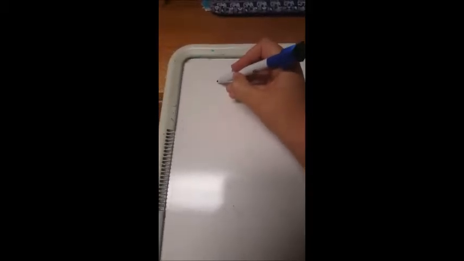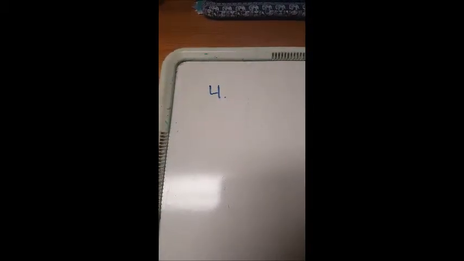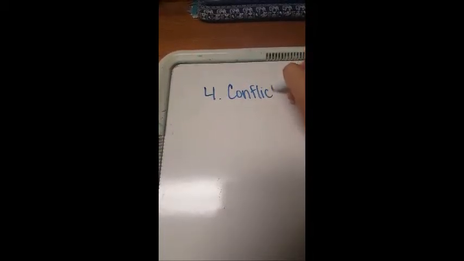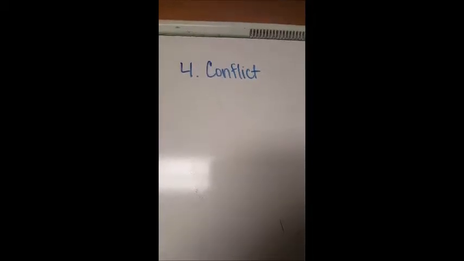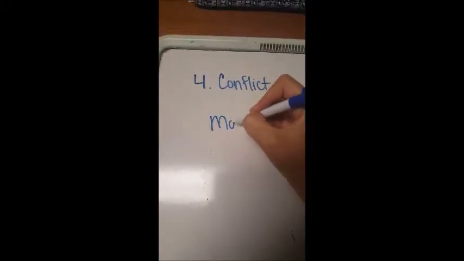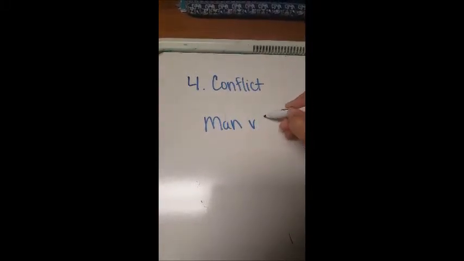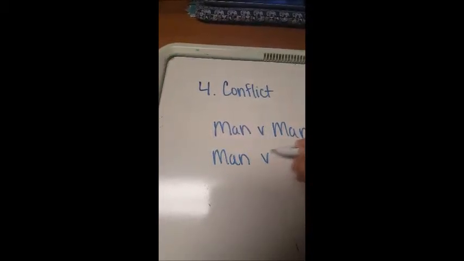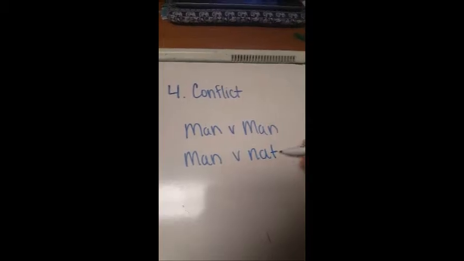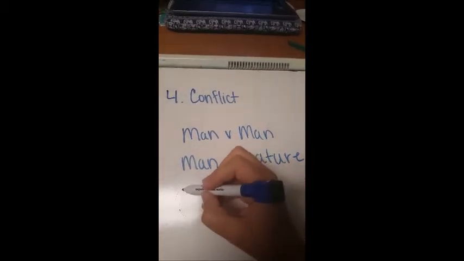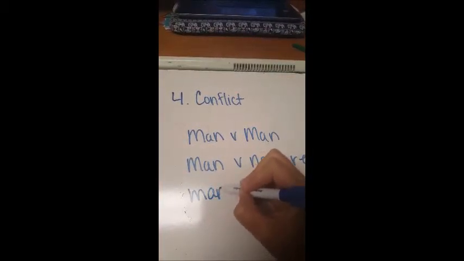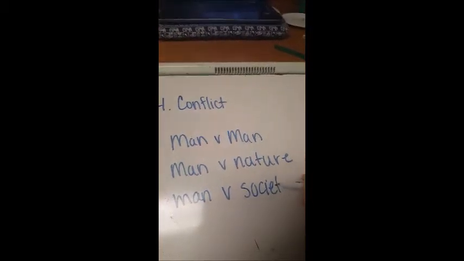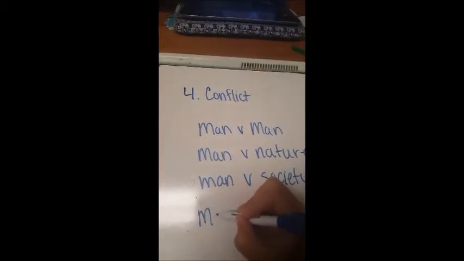Our fourth literary element is the conflict of the story. Now, there's different types of conflicts in each story. It can be man versus man, man versus nature, or man versus society, or man versus self.